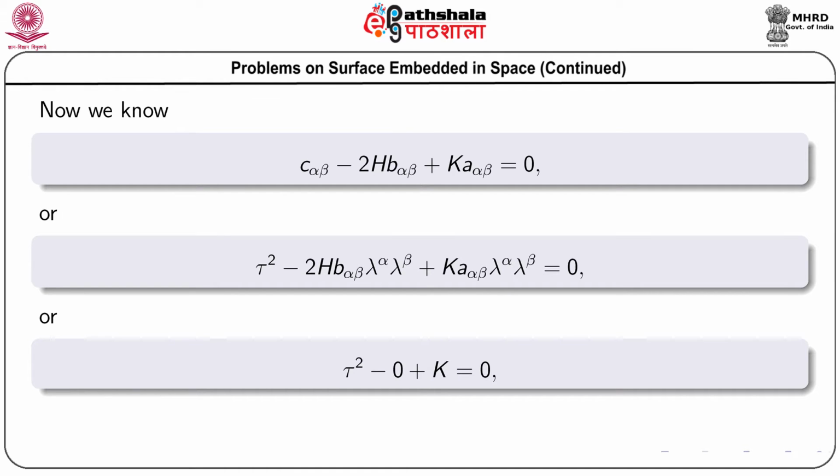Now, as for the normal curvature, B alpha beta lambda alpha lambda beta is considered here as 0.